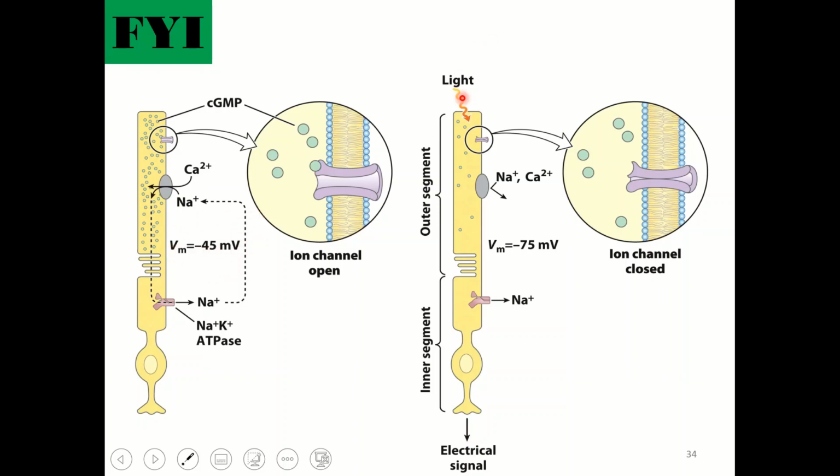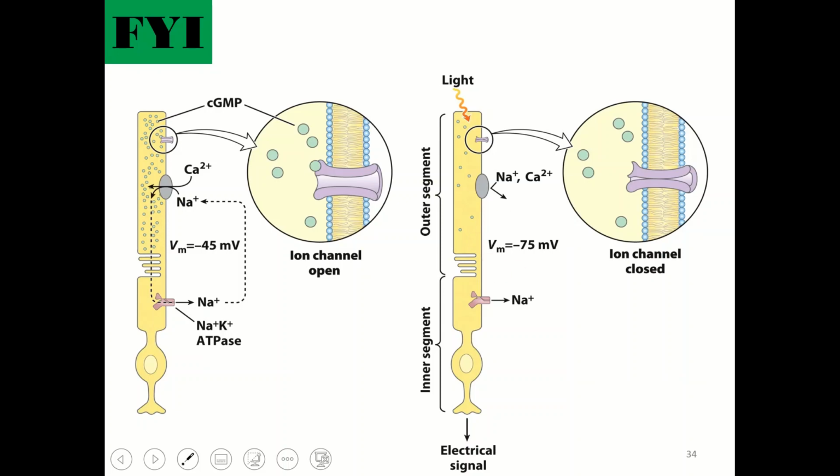Okay, when light hits this rod cell, what happens is the cyclic GMP is not bound to that ion channel, then it's closed. You don't get influx of sodium or calcium in, right? You're getting sodium out, right?